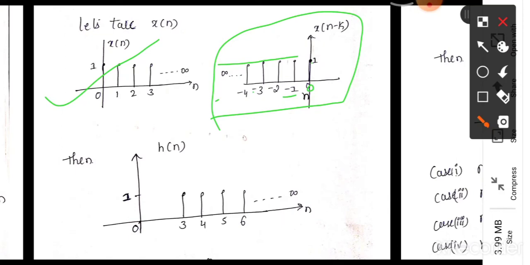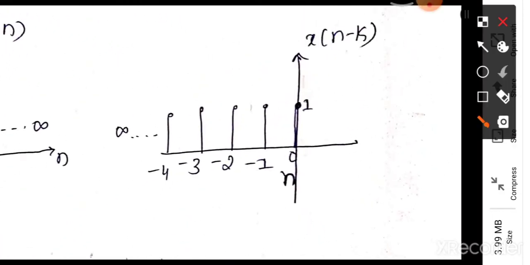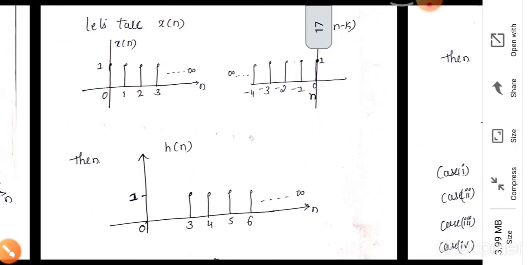Let's take this point as the n point, and then this n point we have to shift, going on shifting on the h of n signal. We have to say this n point is less than or greater than whatever the value based on your h of n signal.